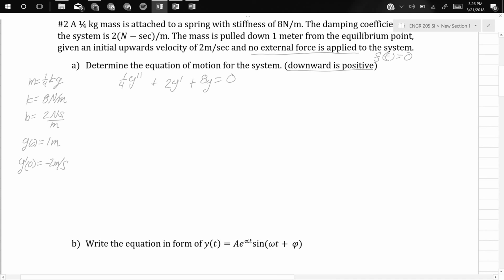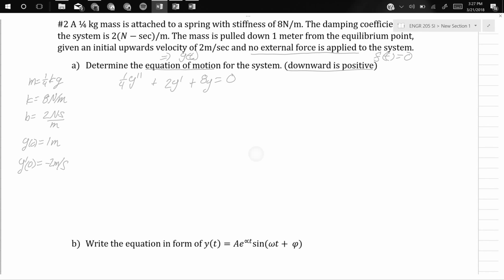All right, so there's two different ways you can go about this to solve for your equation of motion. Equation of motion just implies y of t, so whatever our y is. For this case, we can either use Laplace transforms or solve for y sub h and y sub p. I would say either is fine, whichever one you're more comfortable with.